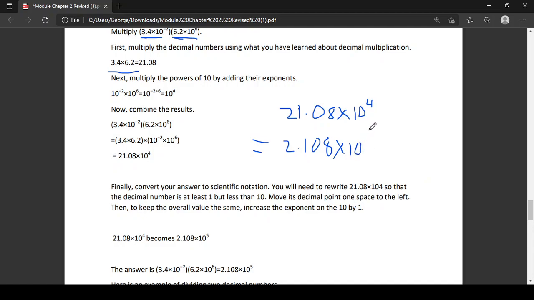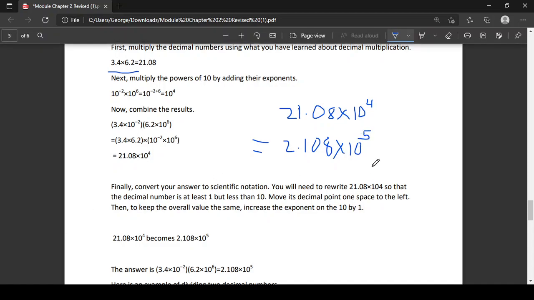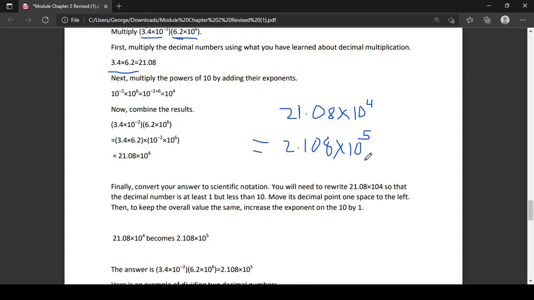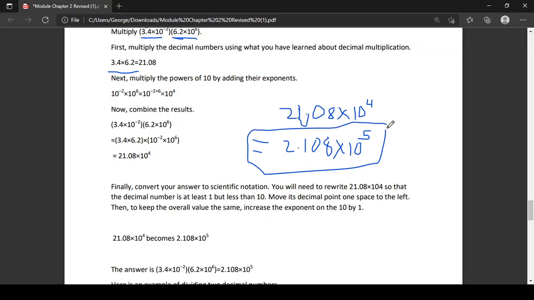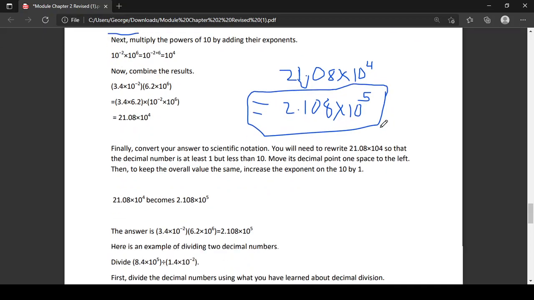Right to left is an addition to the exponent. Toward this side, plus 1. If toward that side, minus 1. Therefore, 2.108 times 10 raised to the power of 5.